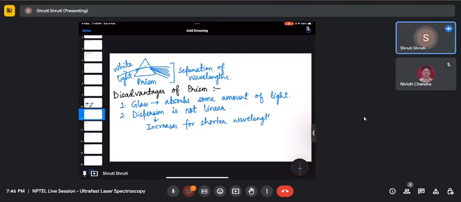The signal at 400 and at 545, there is a huge difference. This is very small and here it is very large. So if your scan speed is very fast, this will anyway get detected, but there might be noise over this wavelength, isn't it? Because here the emission is so much, we need to take care of the integration time.